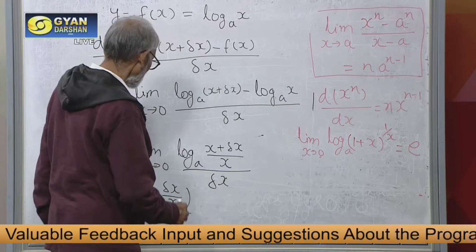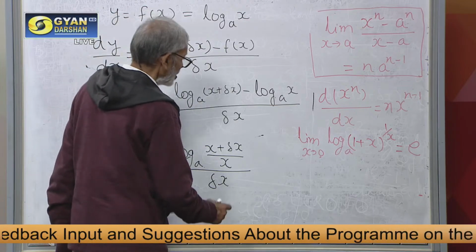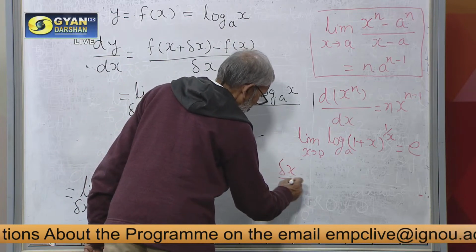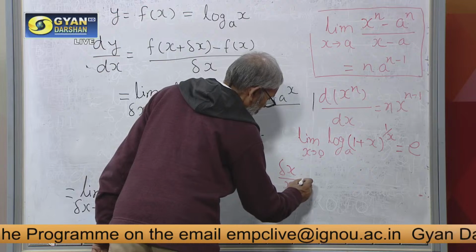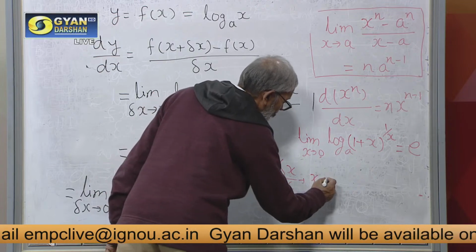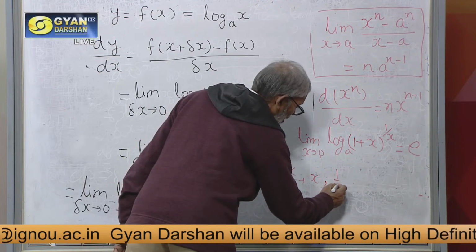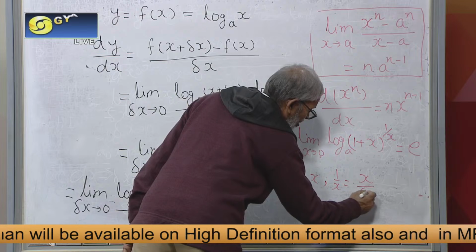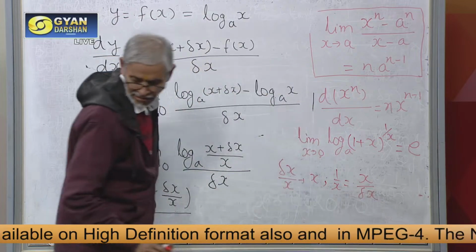Here x is delta x upon x. We are taking delta x upon x as x. So 1 by x will be x upon delta x.